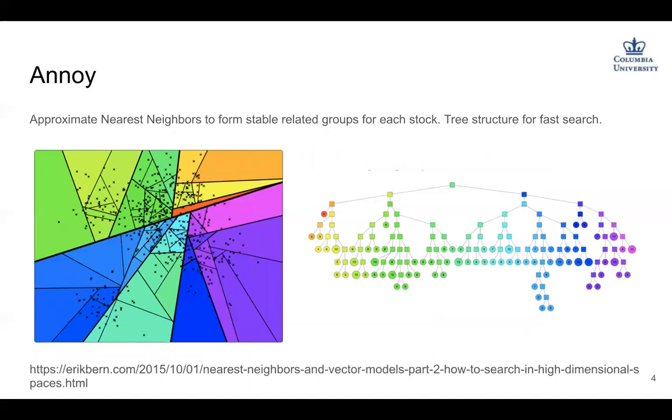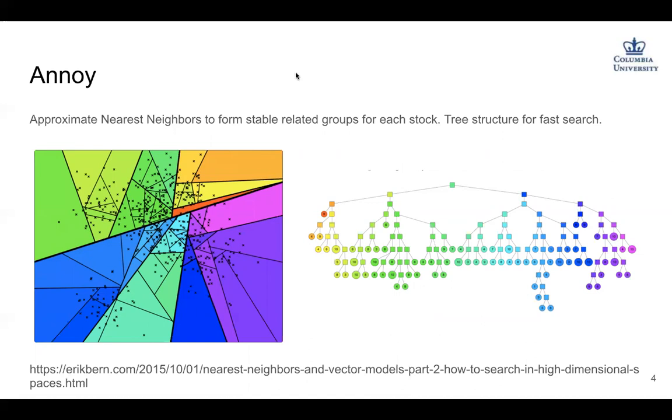And then we use ANNOY, which is a fast implementation of approximate nearest neighbors in Python, to form our clusters. So ANNOY basically just cuts the data points randomly into small shards and builds a binary tree with the small shards. Then it just searches the shards that contain the target value.